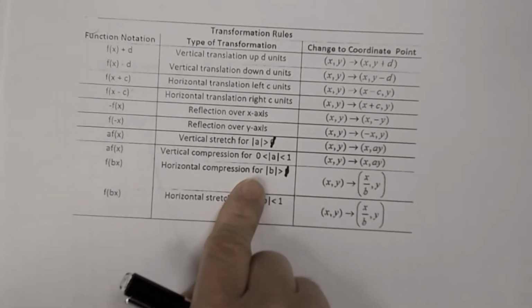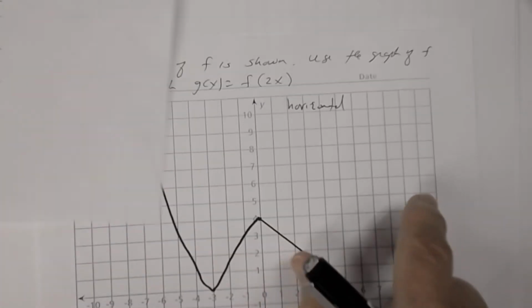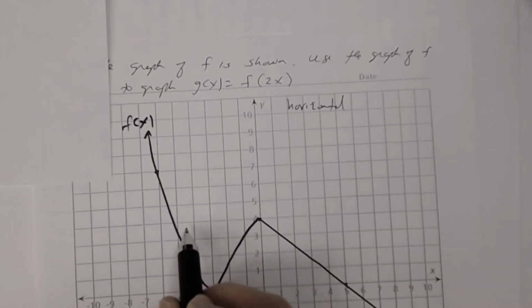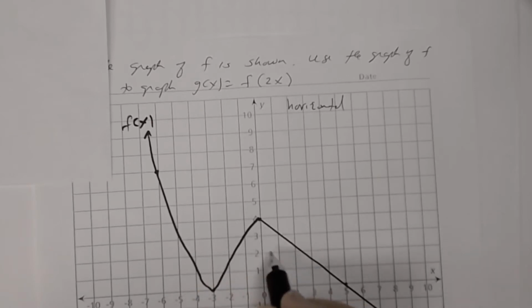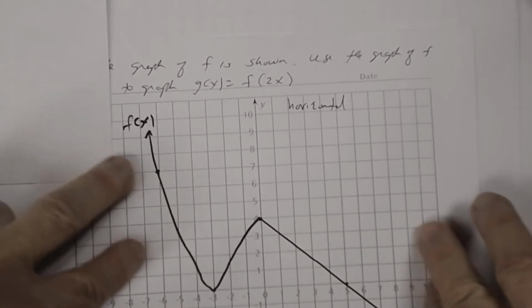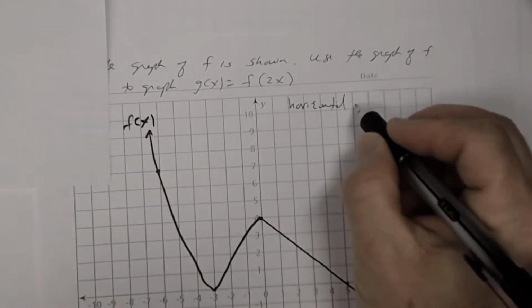What that means is that you're taking all these points and moving them towards the y-axis. That's what compression means. A stretch would be where you move it away from the y-axis. So that's a horizontal compression.